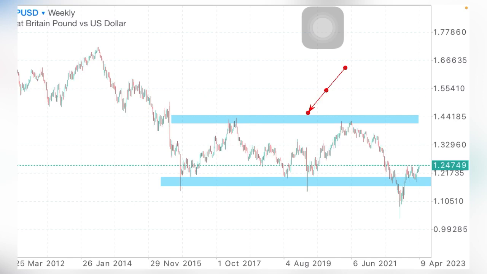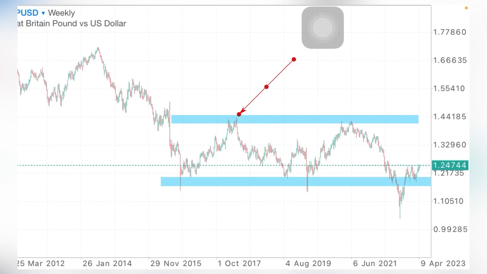You can see how when the market moved into this support here, the market bought so much and came to this resistance. Now the market could not break the resistance.